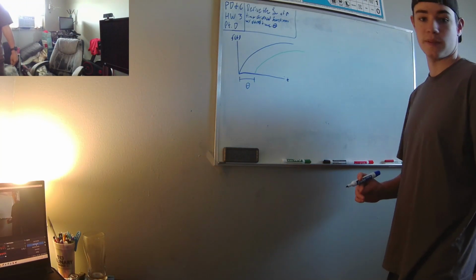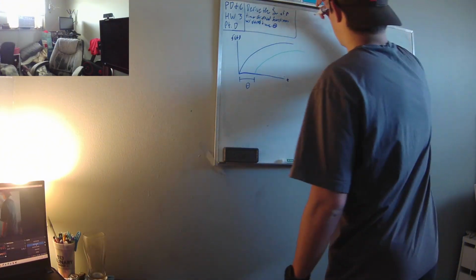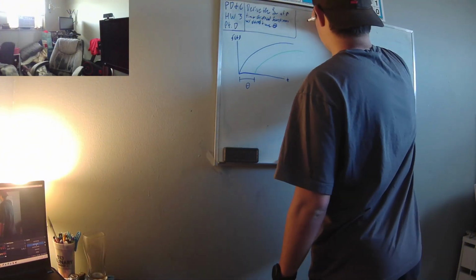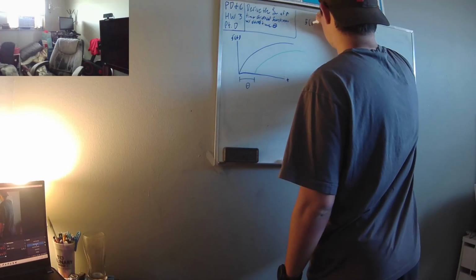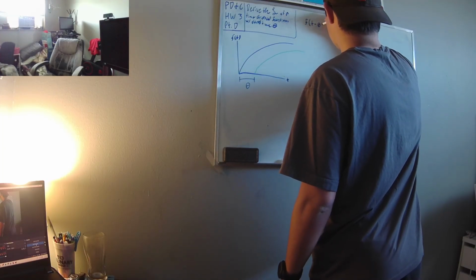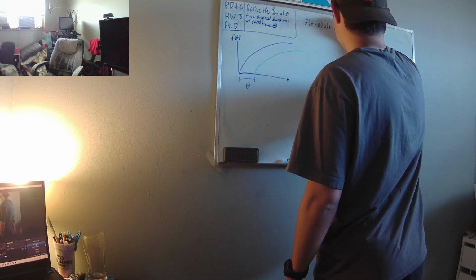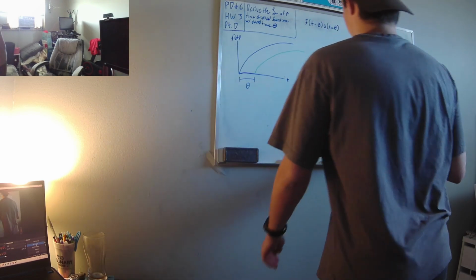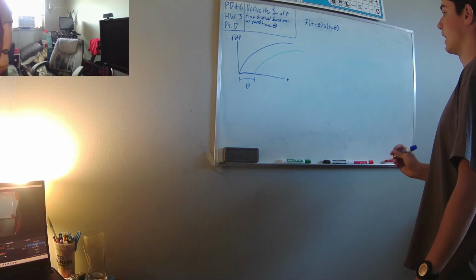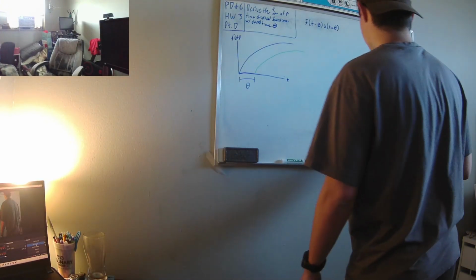So to do this, we need to account for this dead time in our function. And to do that, we're going to say that our f of t minus theta u of t minus theta is our time-dependent function with dead time accounted for.